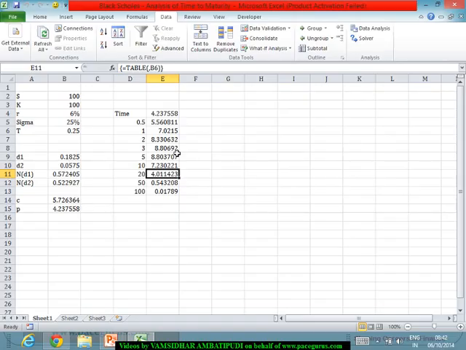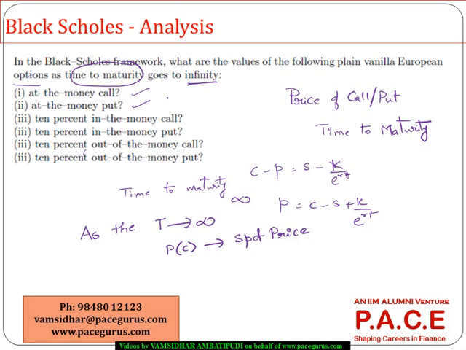If I look at tracking the at the money call, I could see that as the time to maturity is increasing, the value of the call is approaching the value of the spot price.